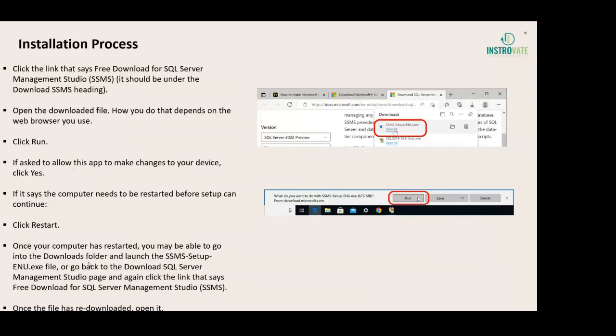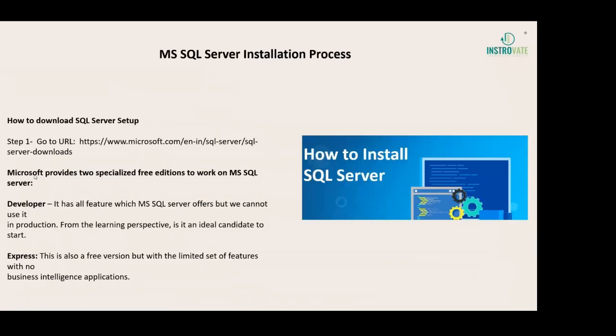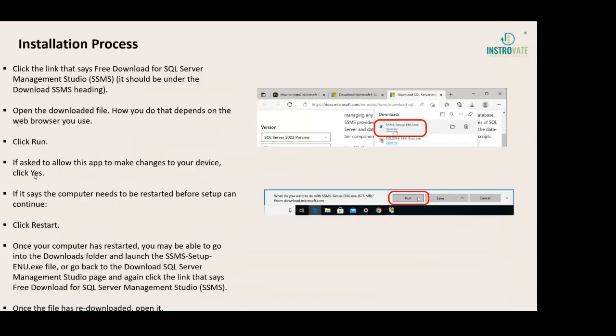After you click on whichever version you want, Developer or Express, there will be a download link. The setup file of SSMS will be downloaded to your personal laptop, and you will get this kind of interface.